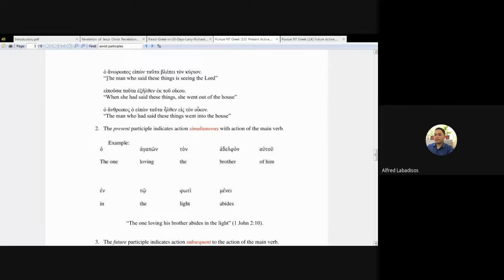However, this one is the smooth translation, because for blepei you do not use the implied pronoun, since you have the subject now. So you do not put here he is seeing. You do not say the man who said these things, he is seeing the Lord. No, that's wrong, because it's redundant. You have the subject, the man who is saying these things, then you put the pronoun he, and it's redundant. So you are violating the English grammar rules.